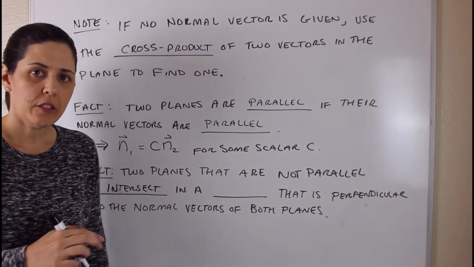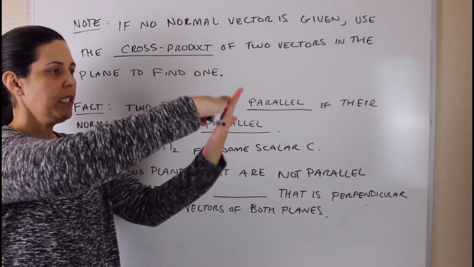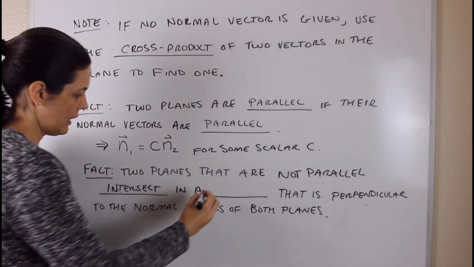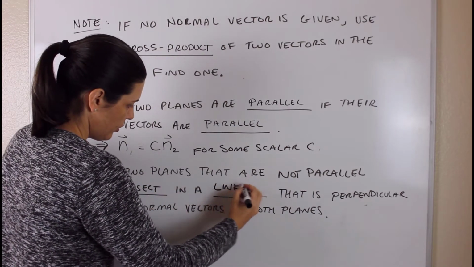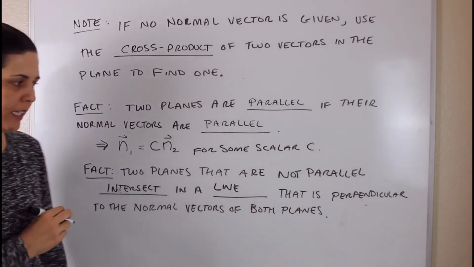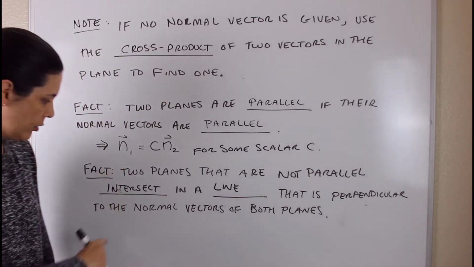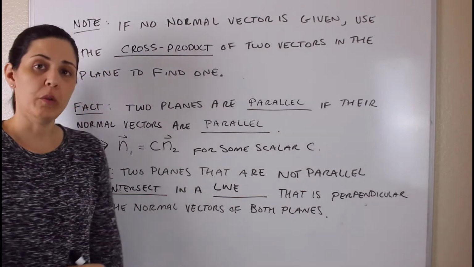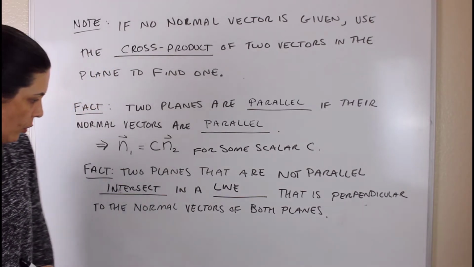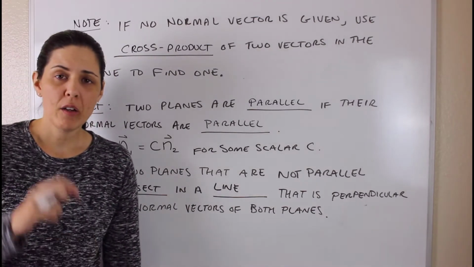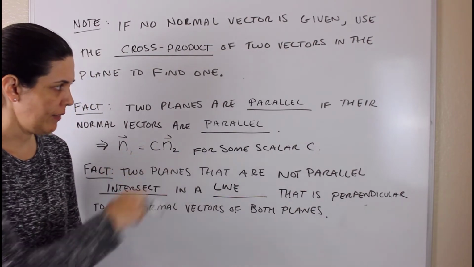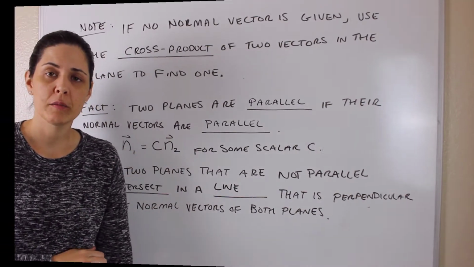When two planes intersect, like two sheets of paper meet, they actually meet to form a line. So two planes intersect they form a line, and that line is actually perpendicular to the normal vectors of both planes. Okay, so let's try out another example here, and it's going to have to do with parallel vectors.